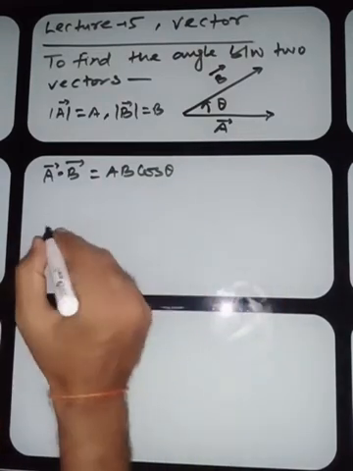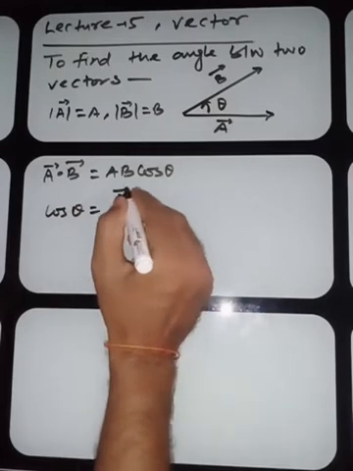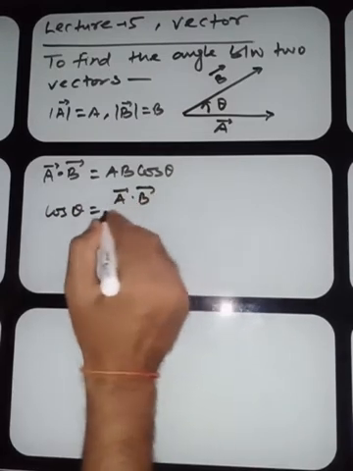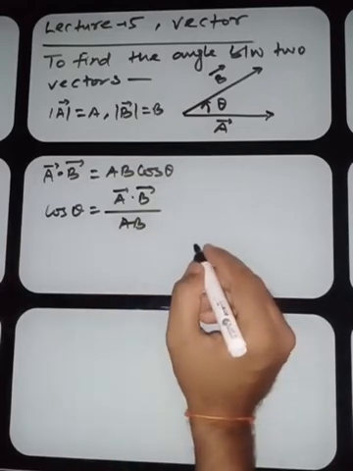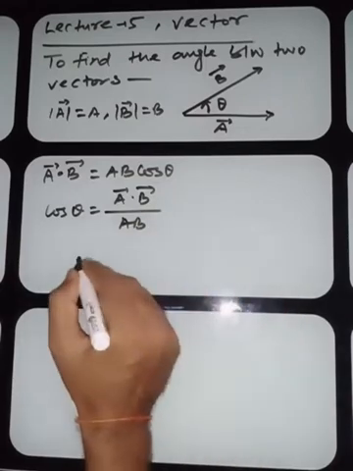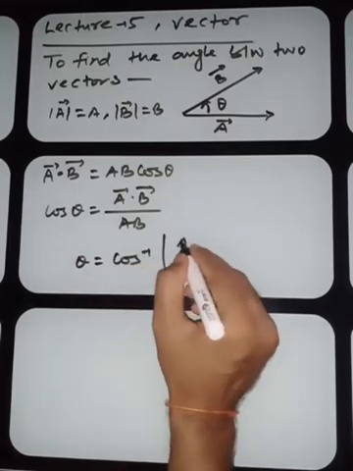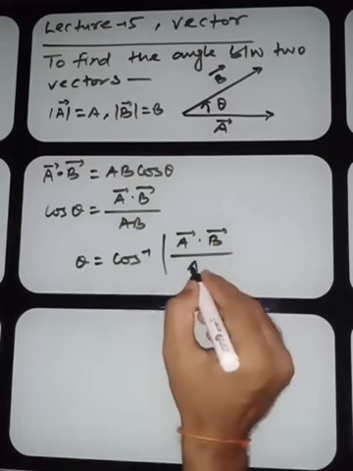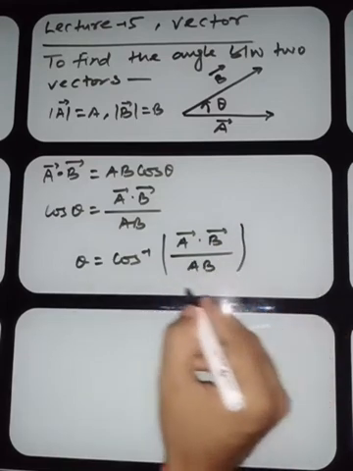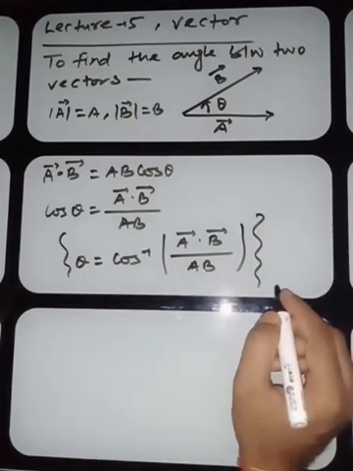So cos theta can be written as A dot B divided by AB. It's quite simple. In this way theta is cos inverse of A dot B divided by AB, and this will be the angle between two vectors.